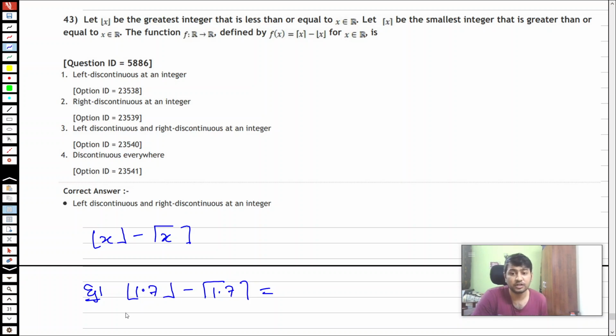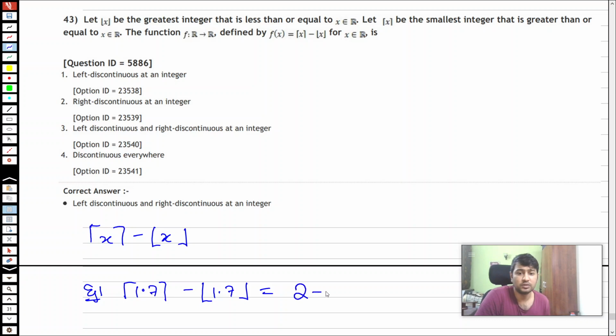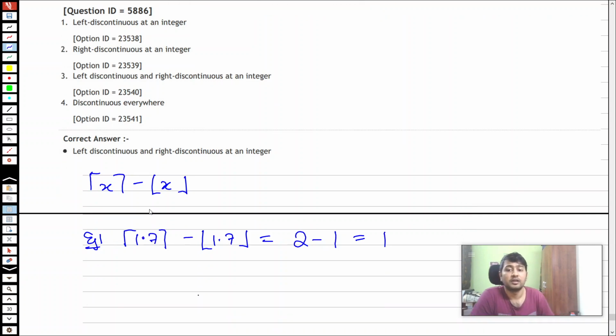The smallest integer greater than 1.7 is 2, and the greatest integer smaller than 1.7 is 1, so the result is 1. But for an integer, it is going to be 0.